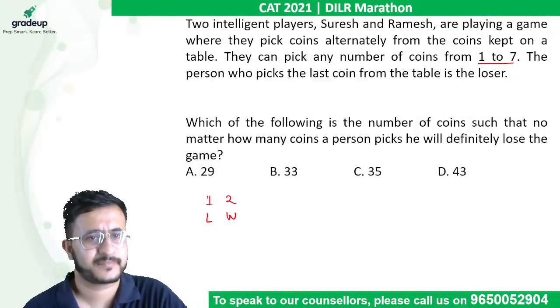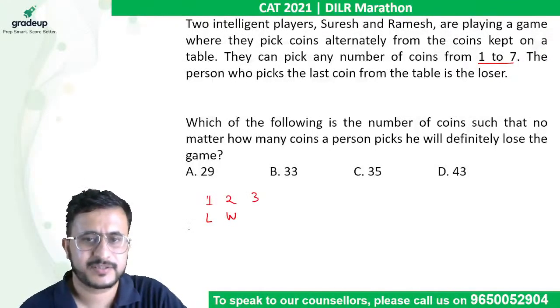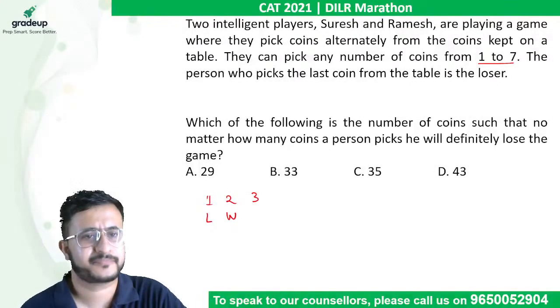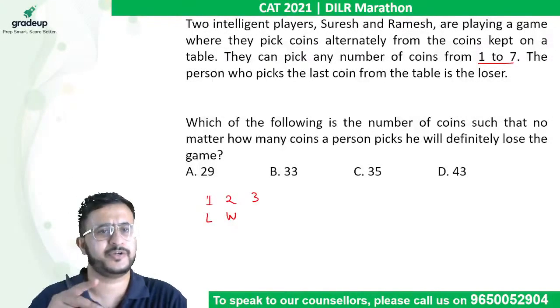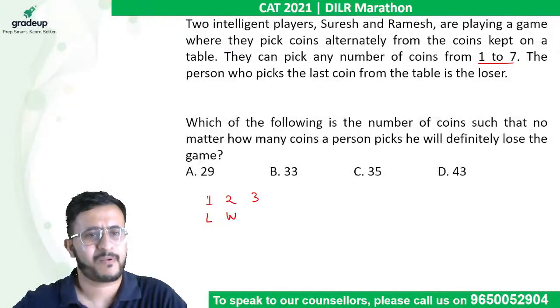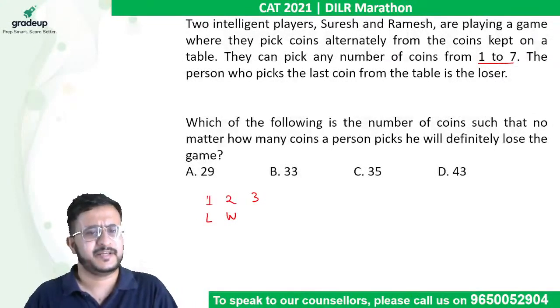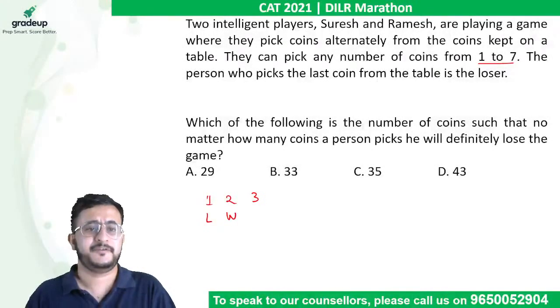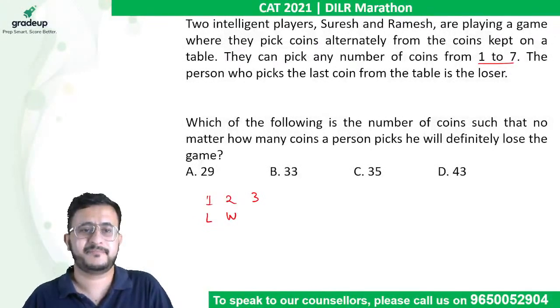Clear? Now if there are 3 coins, what will I do? Should I pick 1 coin? Should I pick 2 coins? Or should I pick 3 coins? If there are 3 coins, if I pick 3 coins, I will lose. Okay? If I pick 1 coin, what will happen?